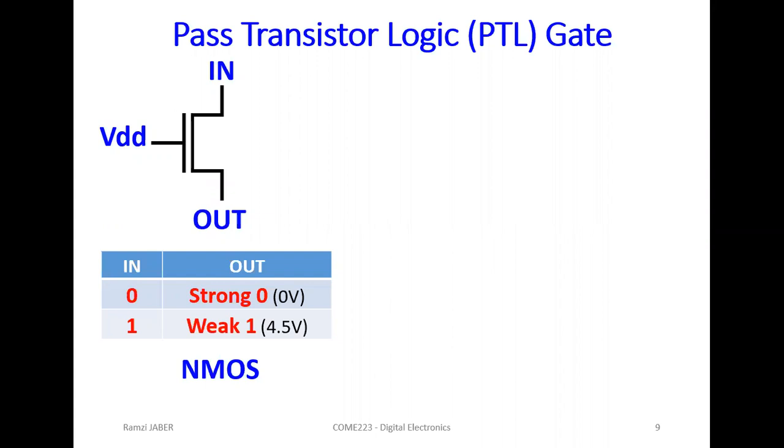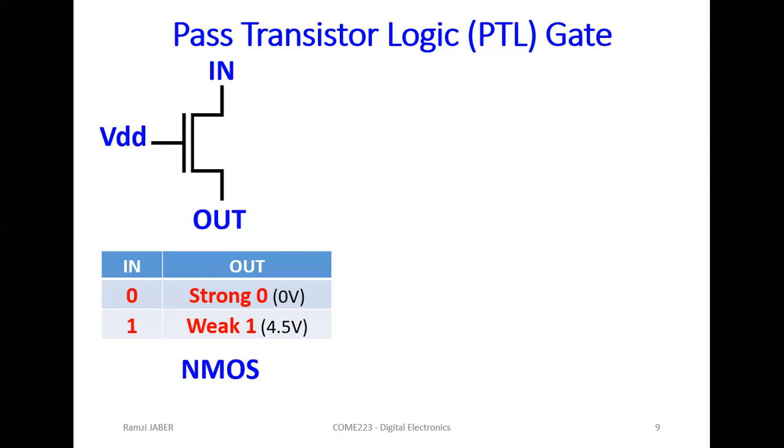So again, the golden rule of CMOS technology says always connect N channel to the ground and P channel to the power supply VDD to get strong output.